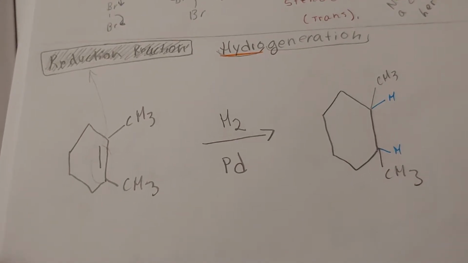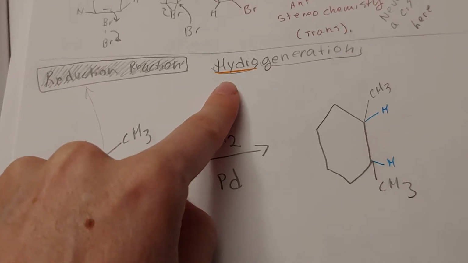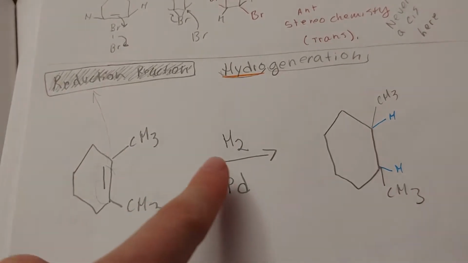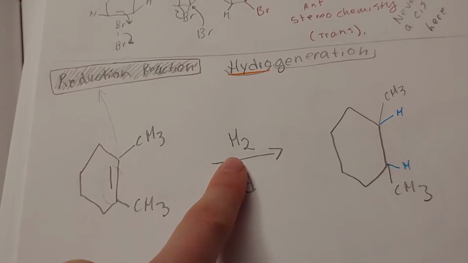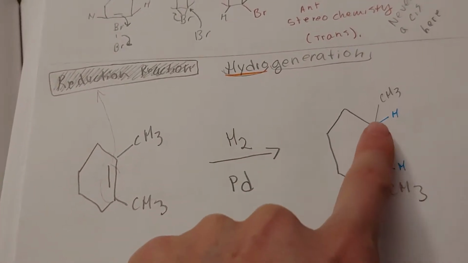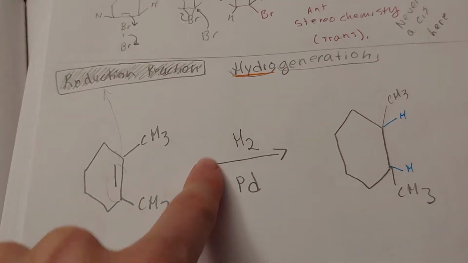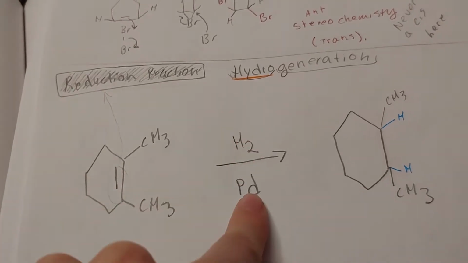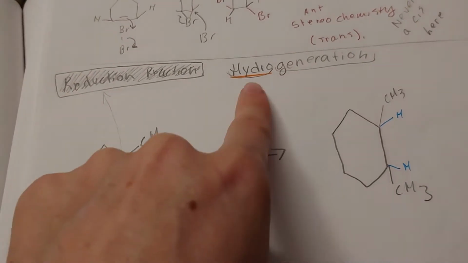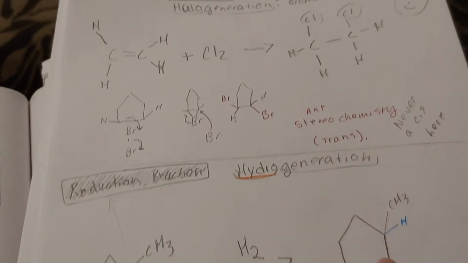Moving on down, hydrogenation. It seems like hydro means that there's going to be an OH, but it's not. It's going to be two H's, hydrogenation, H2. We add an H, we add an H. Remember here, the H2 over Pd is going to be a hydrogenation where we add two H's.